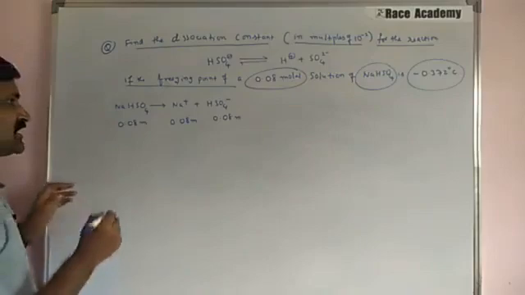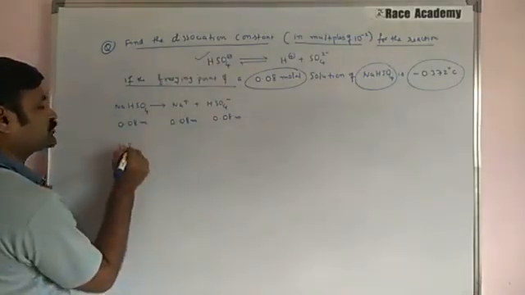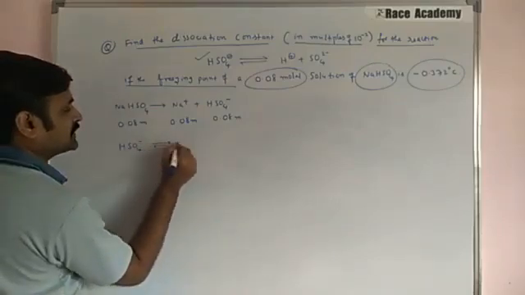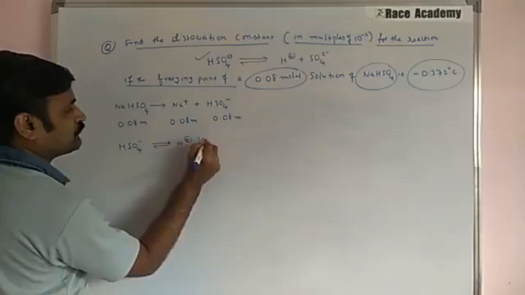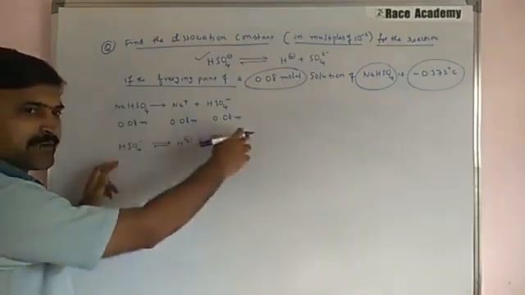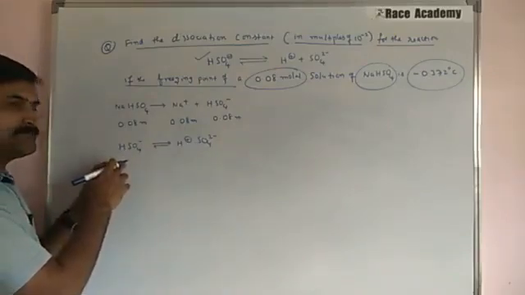When it comes to the equation given to us, that is the bisulfate ion, how it dissociates: HSO4 minus in equilibrium with H plus and SO4 2 minus. In this case, the concentration will change at equilibrium.